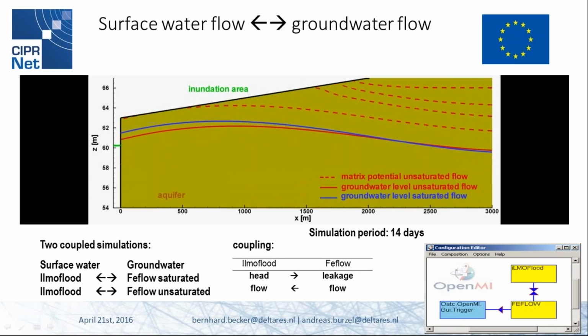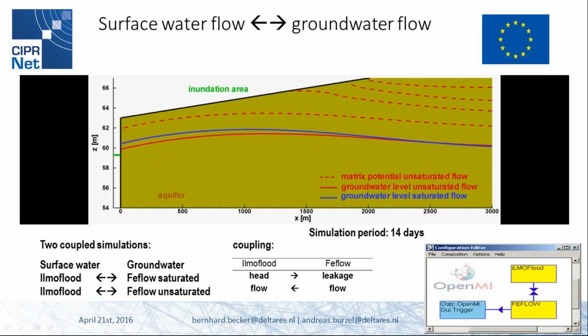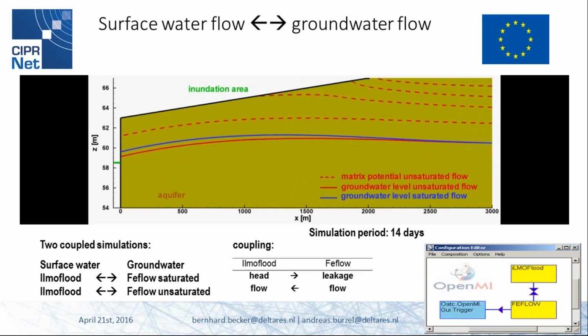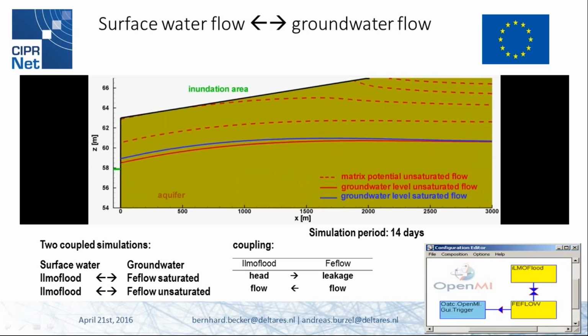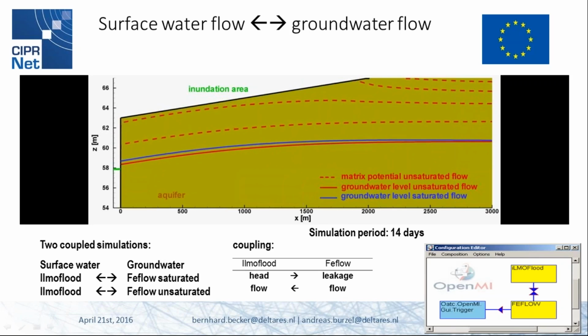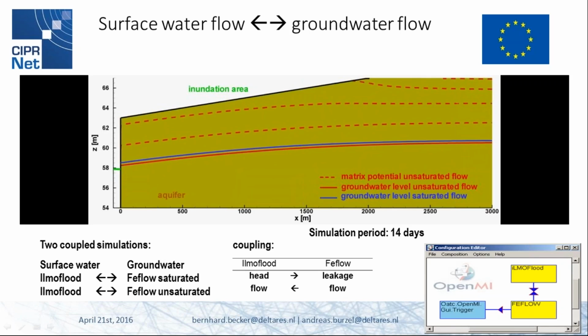You see some differences here, but in principle the groundwater level follows the surface water level. But now here the flood wave has already passed and the water level has declined, but here we still have some increasing water level, so there's a subsurface flood wave moving in that direction and following the river flood wave with delay.